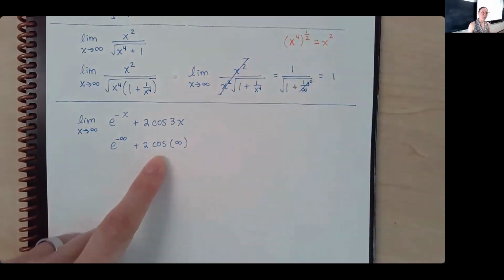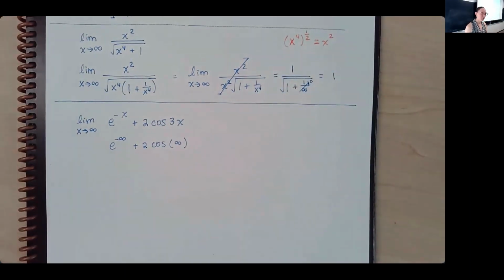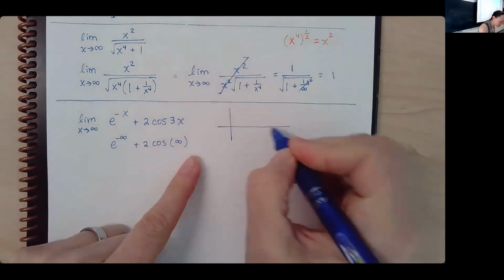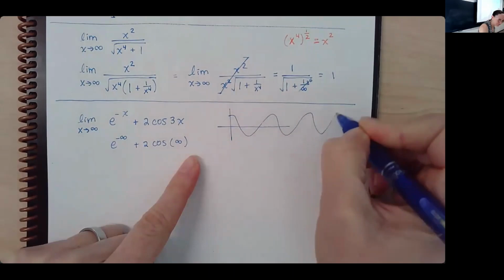The answer to a limit problem, and this is looping back around to the idea of convergence of a sequence, is the one specific y value that the graph is trying to approach. Or in a sequence, the one specific value that that sequence is approaching after a long time. Well, cosine is bouncing around forever.